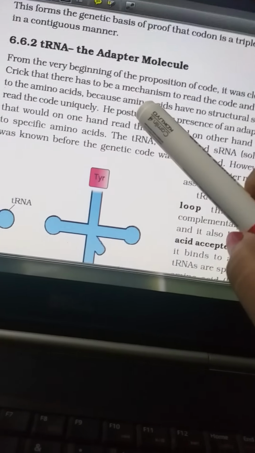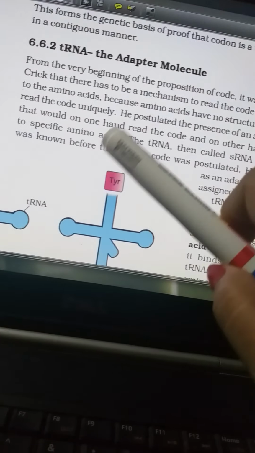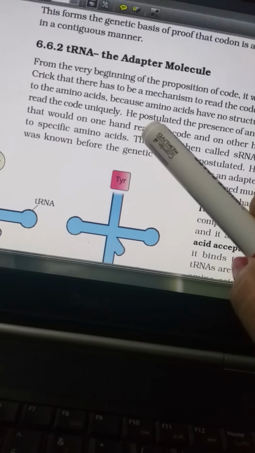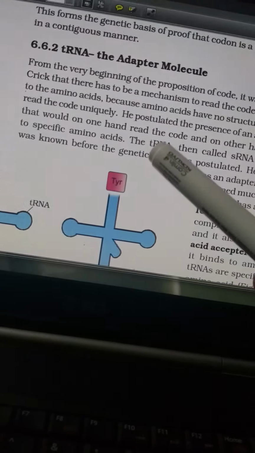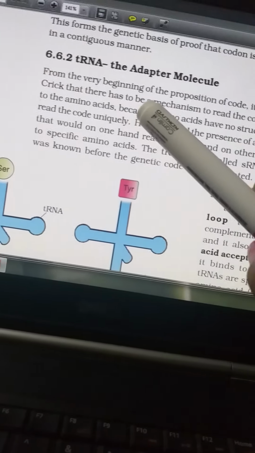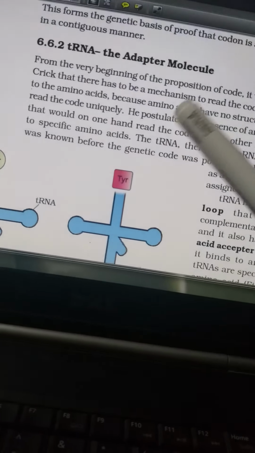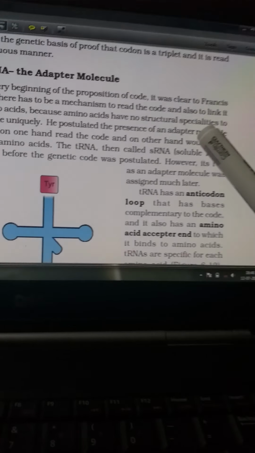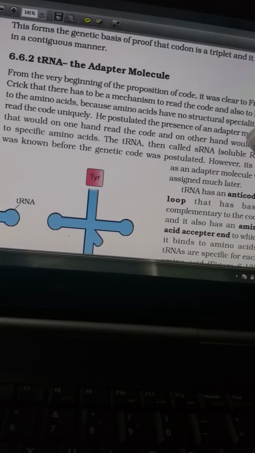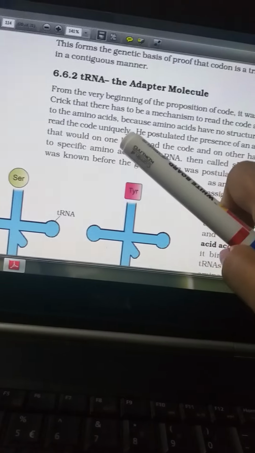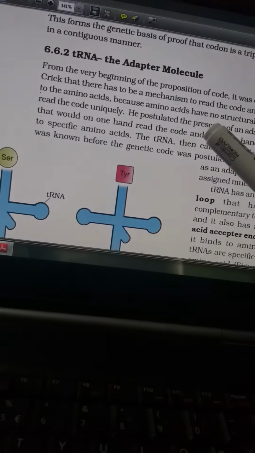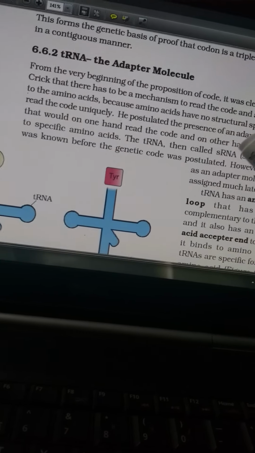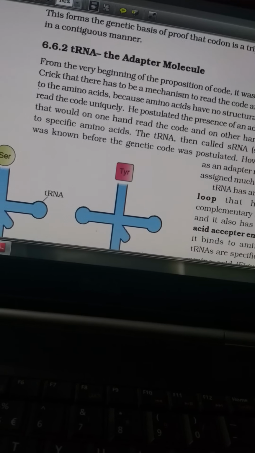Before that amino acid is formed, the mRNA has to get connected with the complementary codon of the tRNA. Because the amino acid has no structural specification, protein molecules cannot be specified or attached to the RNA directly. So to read the code uniquely, he postulated the presence of an adapter molecule that has to bind.